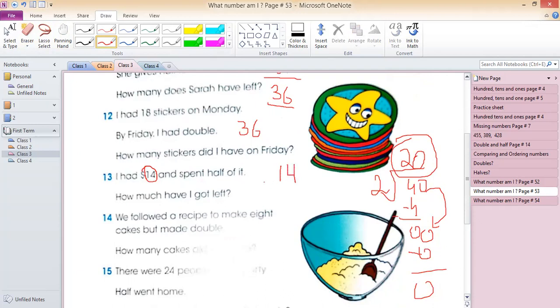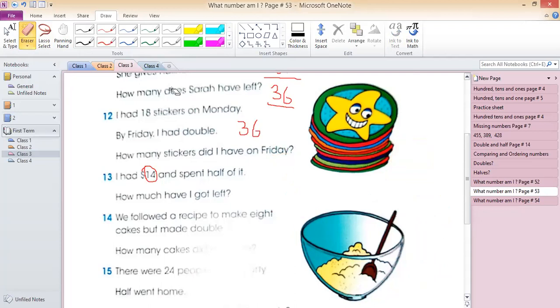You will divide 14 by 2 and you will get the answer. 2 times what will give you 14? 2 times 7 will give you 14. That means I have $7 left. So you will write here 7. This was the answer.